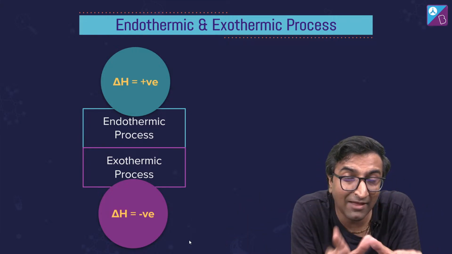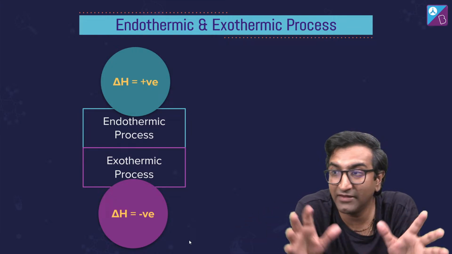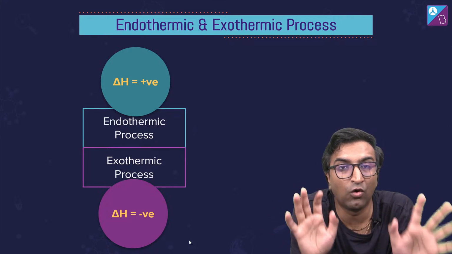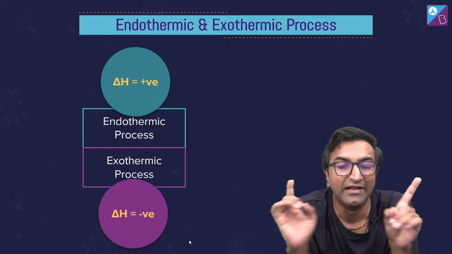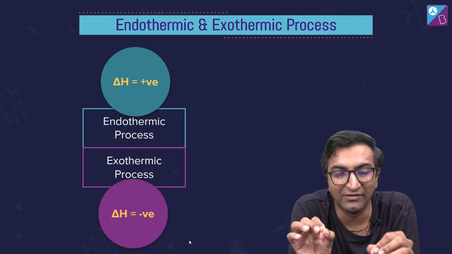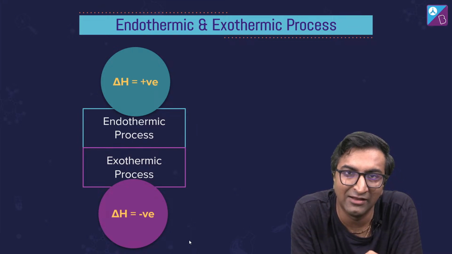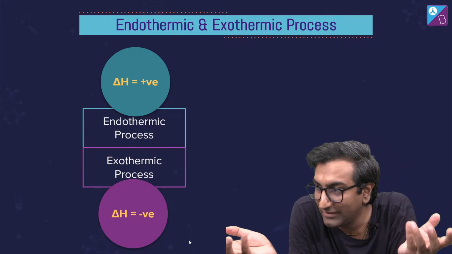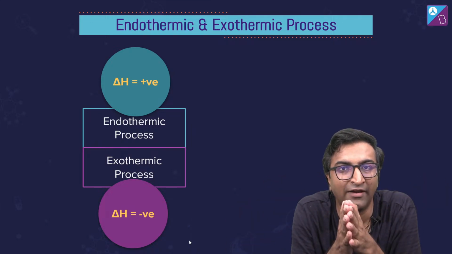Similarly, there can be some other set of reactions that will absorb heat. कहां से? Surrounding से ही. कहां से? पानी से ही. इसलिए पानी ठंडा हो जाता है. If something loses heat, it gets cold. And that is how you explain that, oh, कुछ endothermic process ऐसे होते हैं जिनको आपको energy input physically, गर्मी नहीं देनी पड़ती. You don't have to heat it, but they take energy from the surroundings. If they take energy from surroundings, lose energy, they get cold. That was fun, right? Anyway.